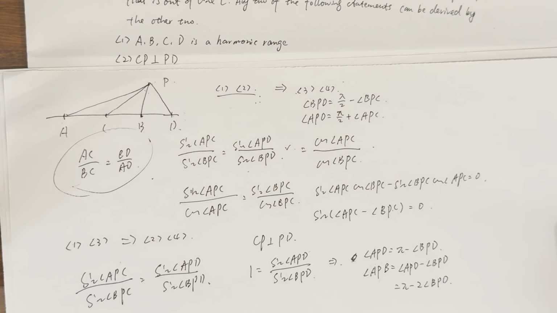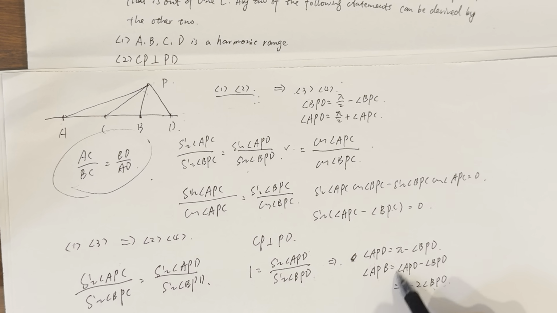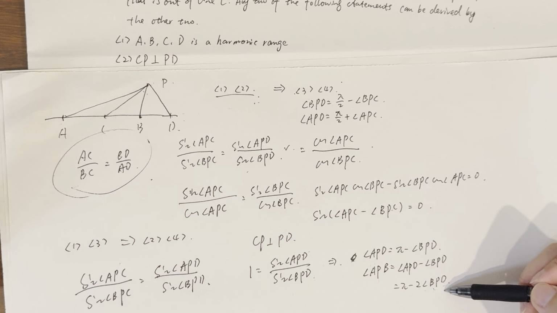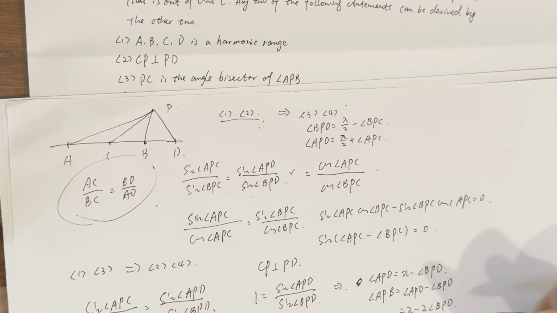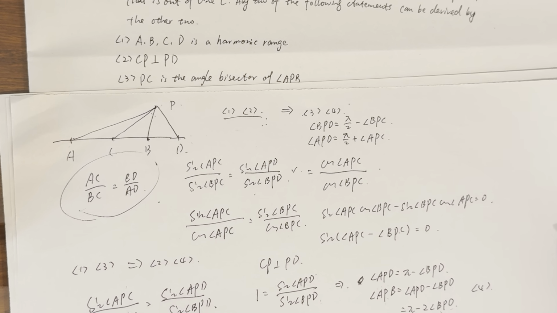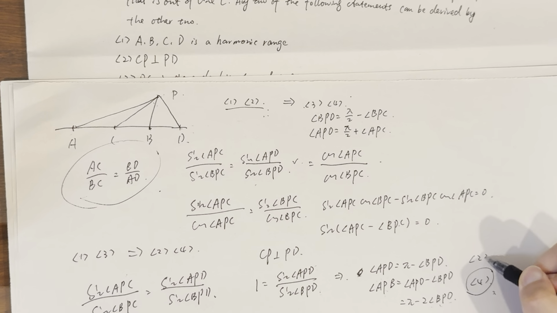Right? That is saying the angle BPD is half of the supplementary angle of the angle APB, which means PD is the angle bisector of the supplementary angle of angle APB. Right, we just proved 4. And if 4 is valid, then 2 is valid, right?